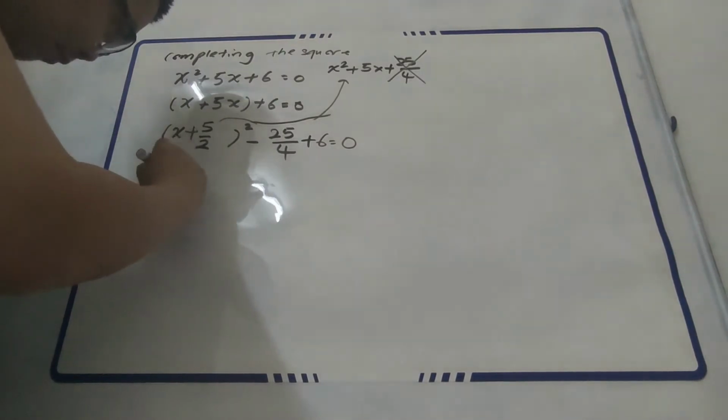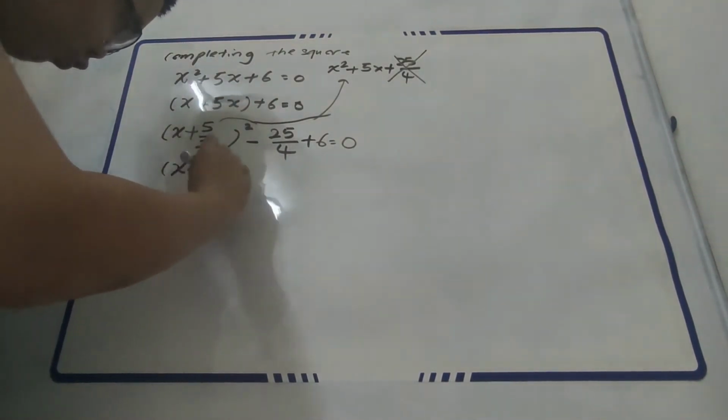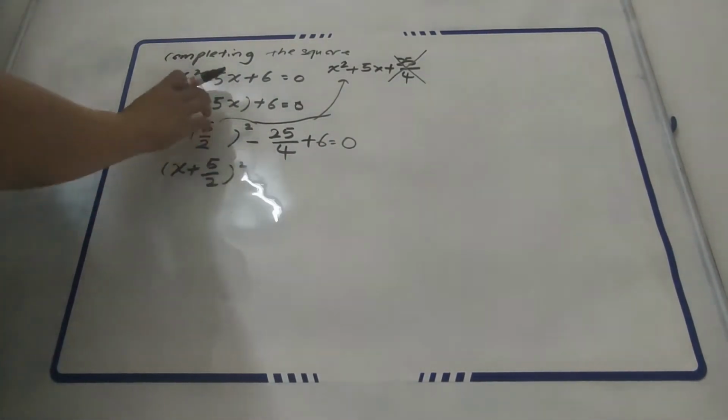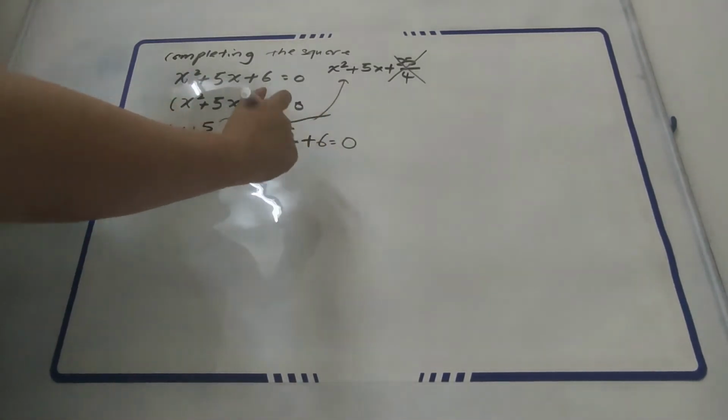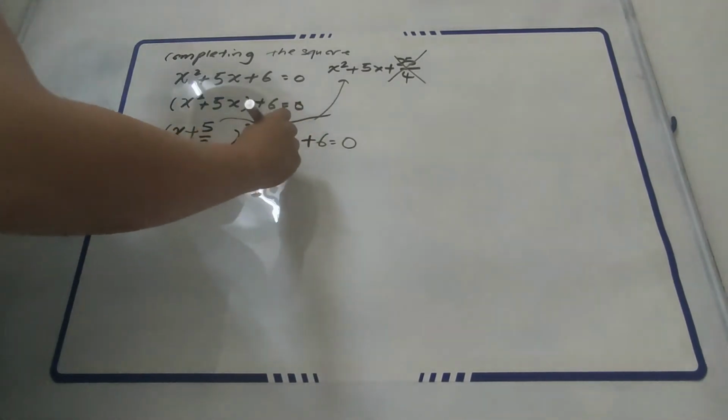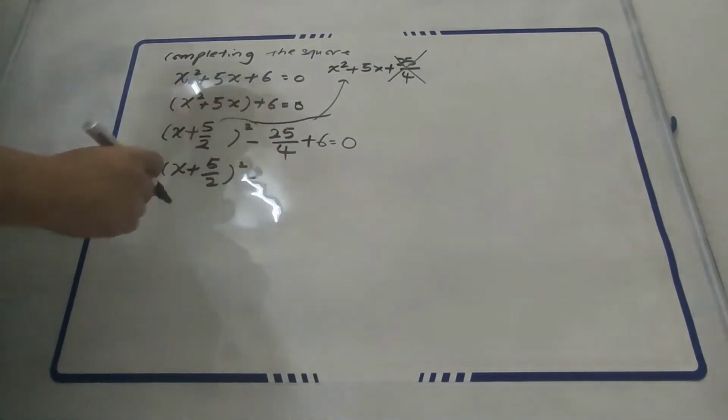Okay, x plus 5 over 2, you are already completing the square, the whole thing here. And then minus 25 over 4 plus 6 is actually equal to minus 1 over 4.